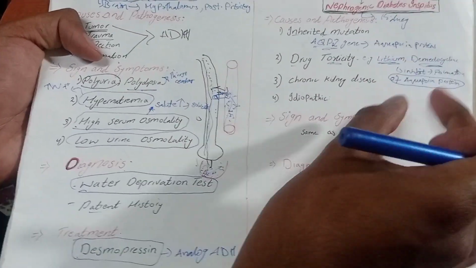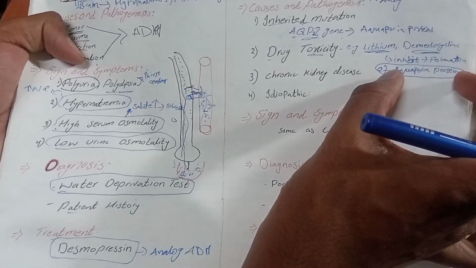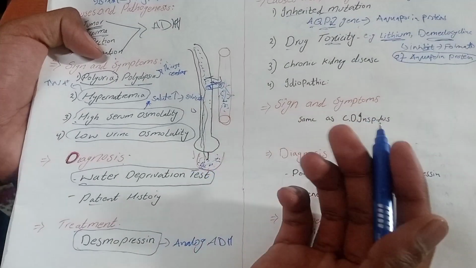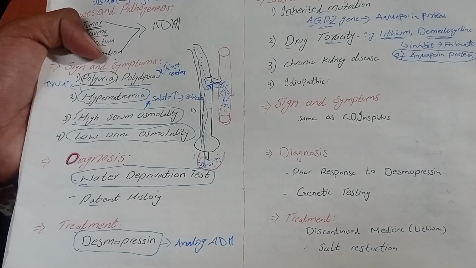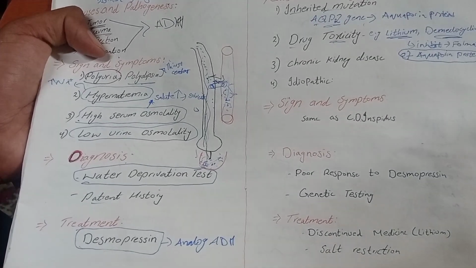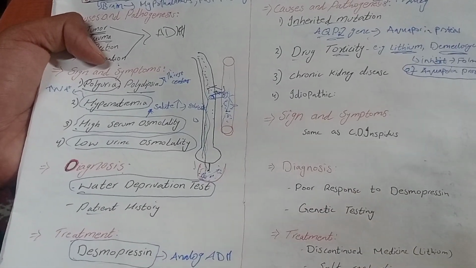These drugs start inhibiting aquaporin proteins. If aquaporin proteins are not formed, then there will be no formation of pores in our tubules, then no water saving occurs, and now this patient also presents with diabetes insipidus, and in this case the patient will have nephrogenic diabetes insipidus.